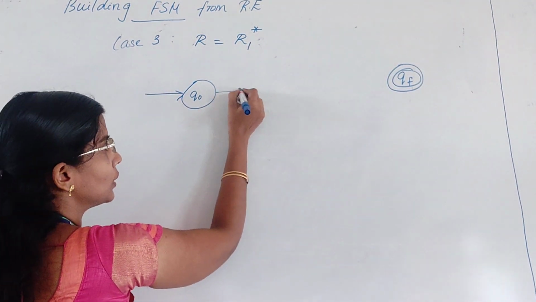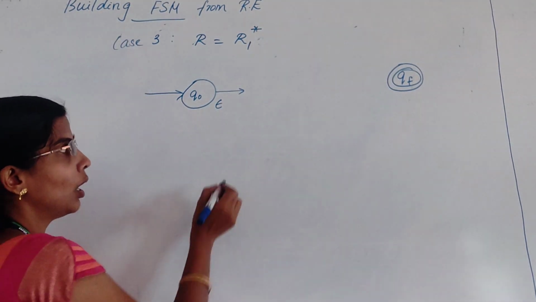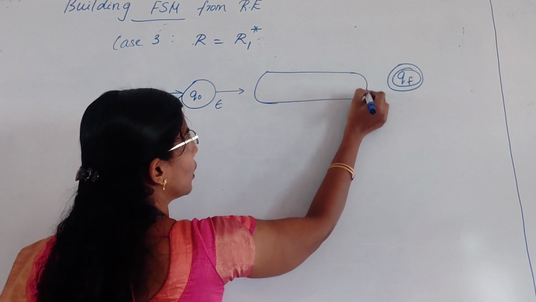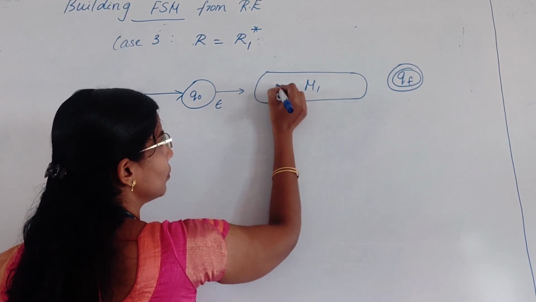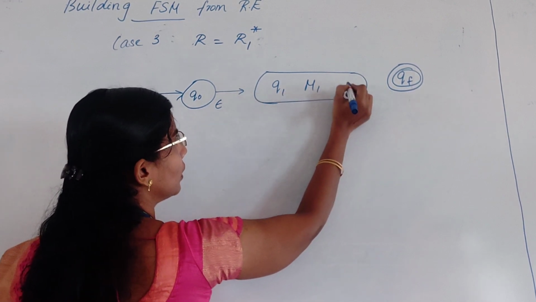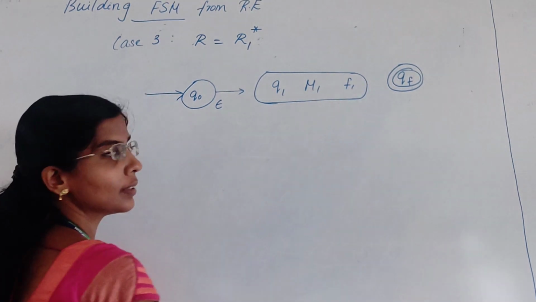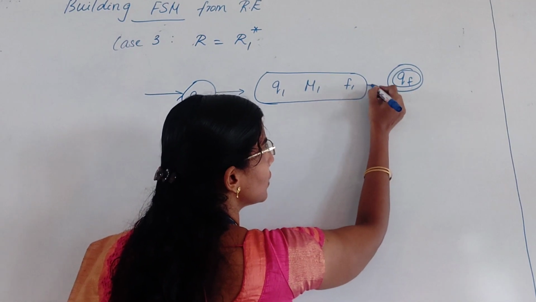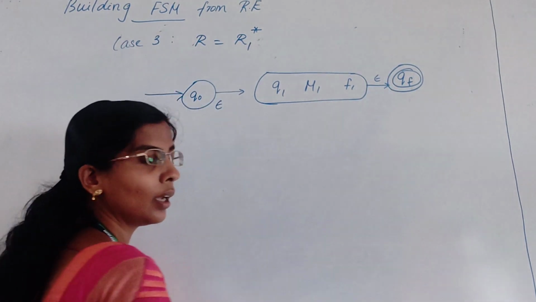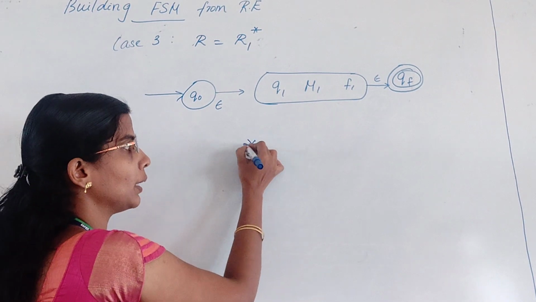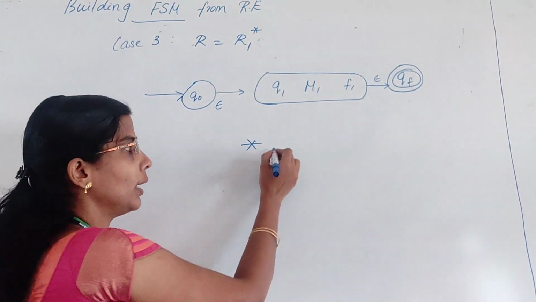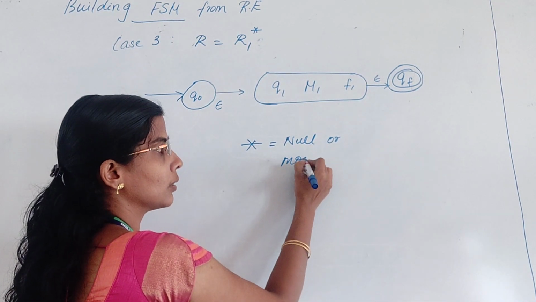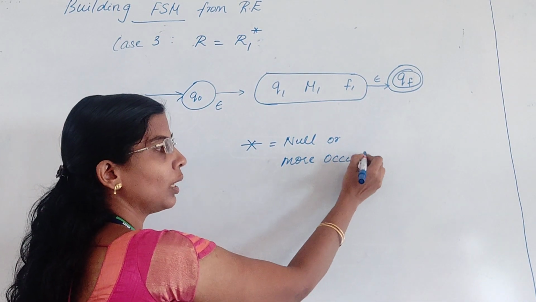Right? So after your start state I include an epsilon. Now I am going to write my machine. Machine 1, Q1 and my final state. Before your final state you have to include an epsilon, and you know the meaning of this star operator, it takes null or more occurrence.